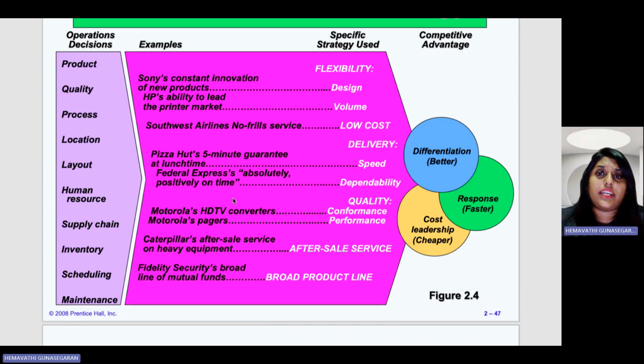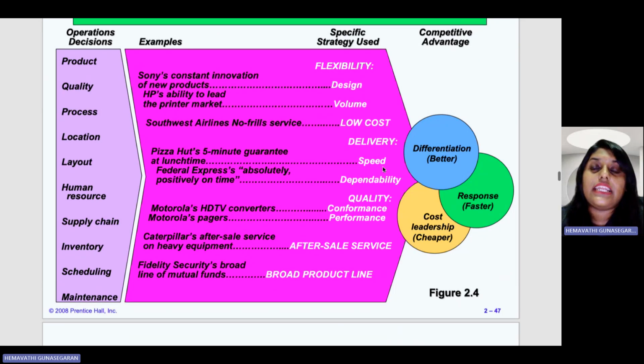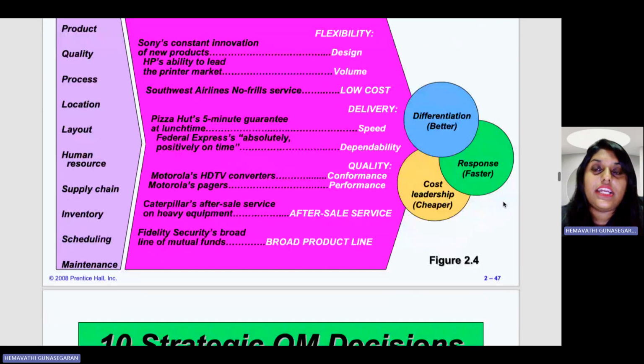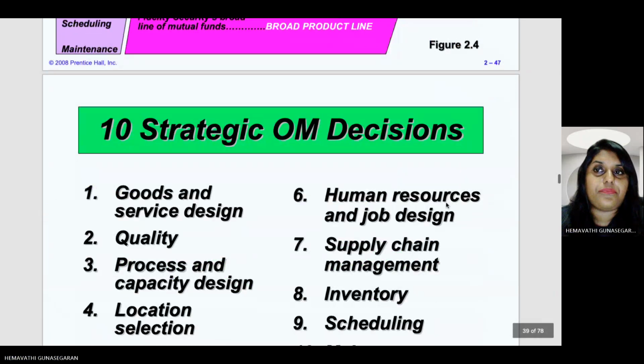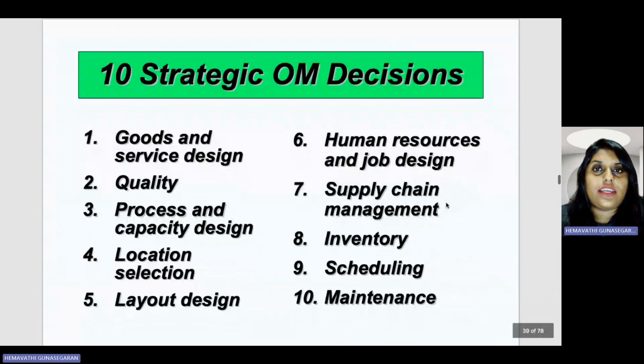And then each of the companies has their differences in terms of flexibility, delivery, quality, after sales service, and product line. And their competitive advantage is based on differentiation, response, and cost leadership. Better differentiation, faster response, and cheaper cost leadership. All right.